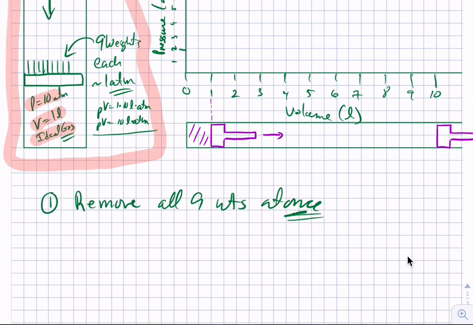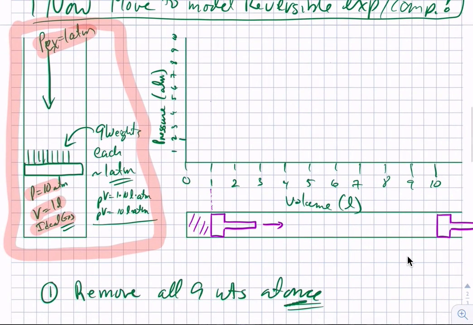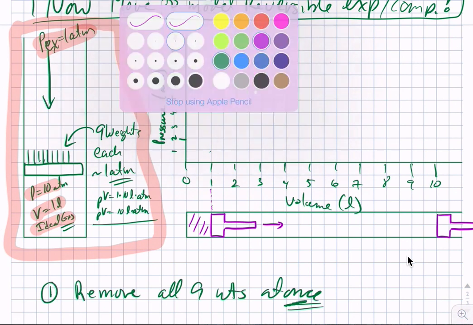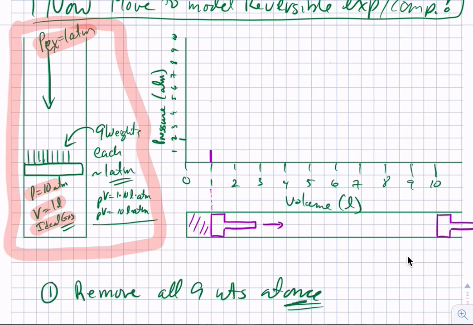And if that's the case, our initial pressure is going to be 10 atmospheres and the initial volume will be 1. So we're going to start out here, and I'm going to switch to red, purple. So our initial pressure we're going to push against is 1 atmosphere, and how far is that piston going to go out?